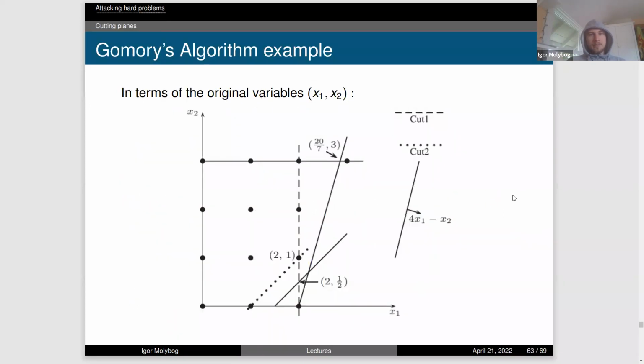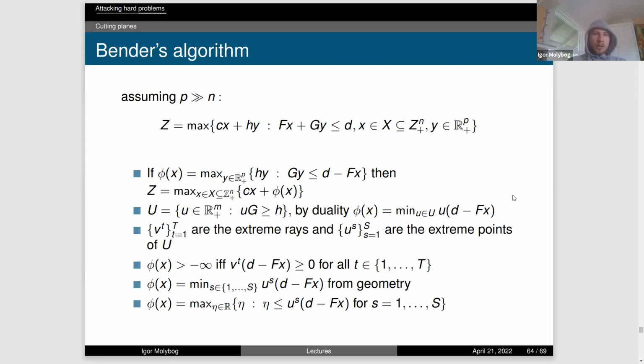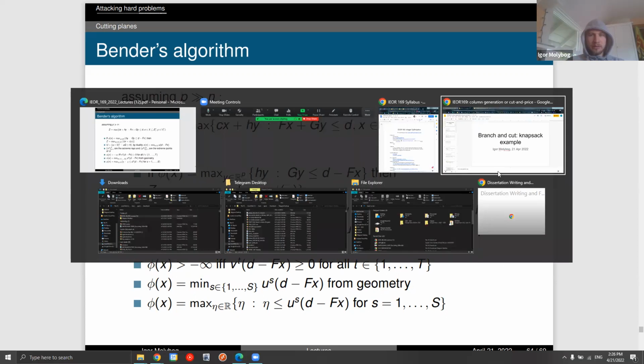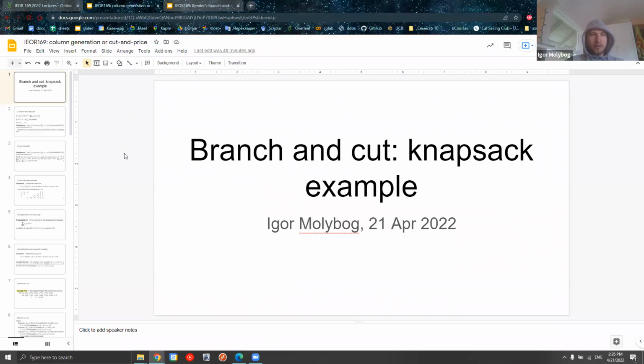The next big step for that is Benders' algorithm, which is quite useful and actually one of the commonly applied algorithms in practice for the solution of mixed integer programming problems. Before that, I would like to illustrate the idea of a branch and cut algorithm with an example from Knapsack.